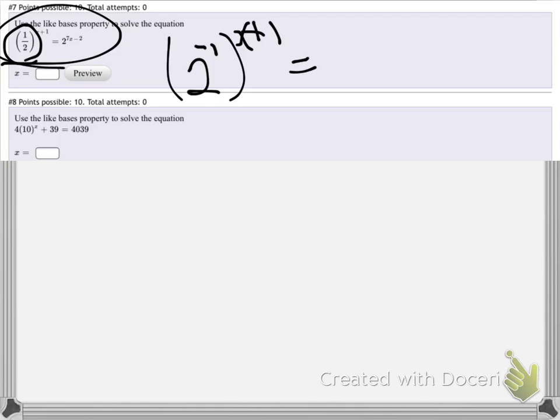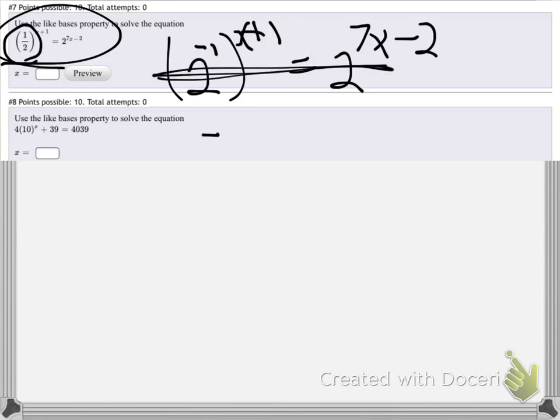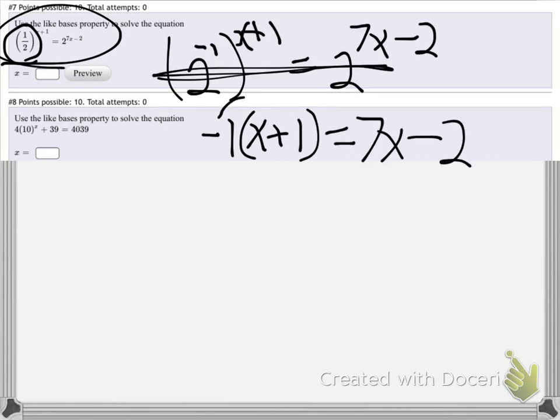And then equals, and then this is already a power of 2, that's 7x minus 2, and then by the time we got that, we're just doing the same old thing. We're going to distribute this. We'll say we don't need the 2's on the bottom, and then we have negative 1 distributing to the x plus 1 on the left equals 7x minus 2. And then you just distribute that negative 1 and start solving out for x like we do.